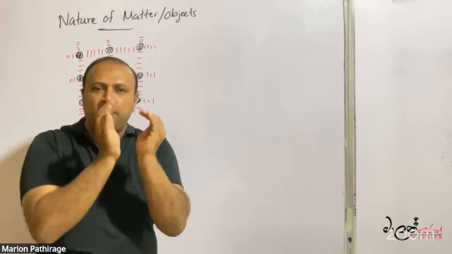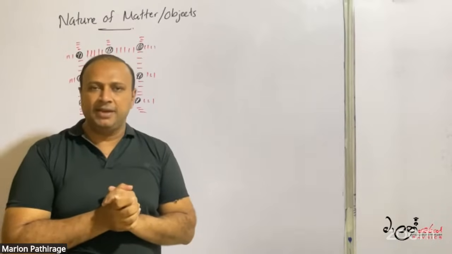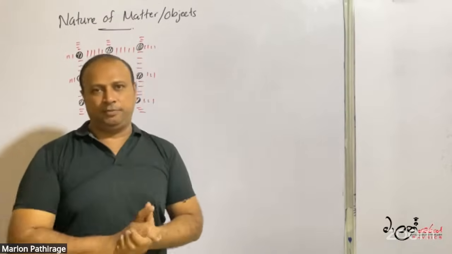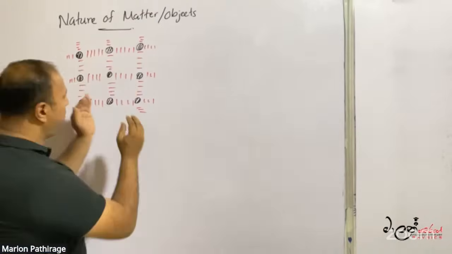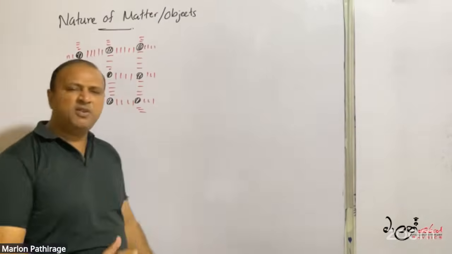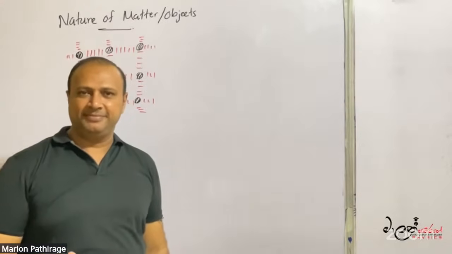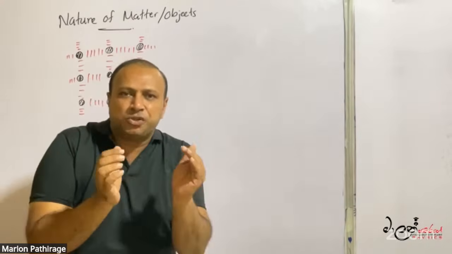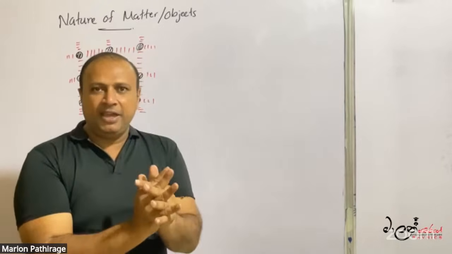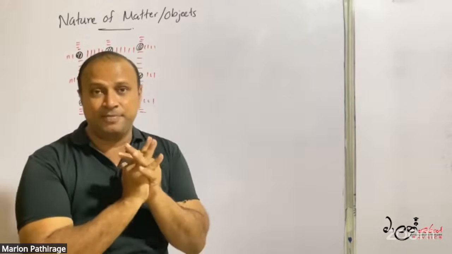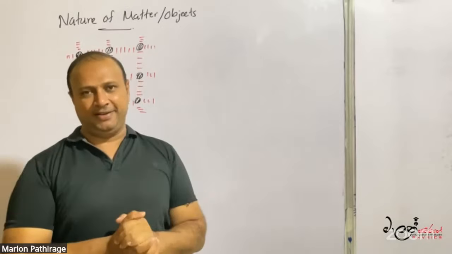Those kinds of objects are called solid objects because the intermolecular bonds are very, very strong. Therefore, in nature, we can see them as a solid material.